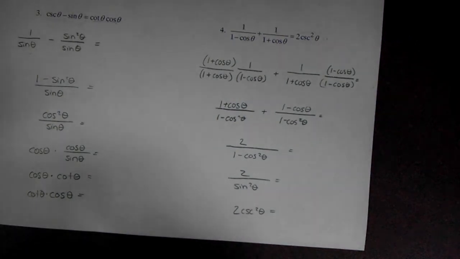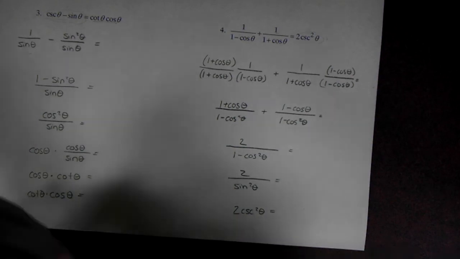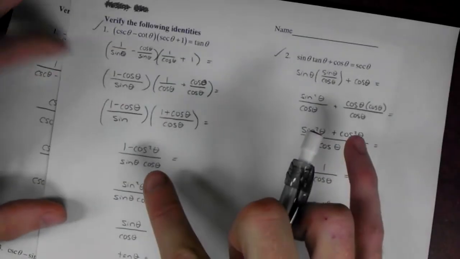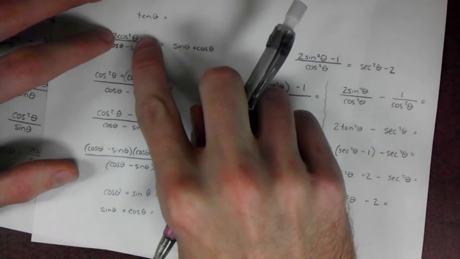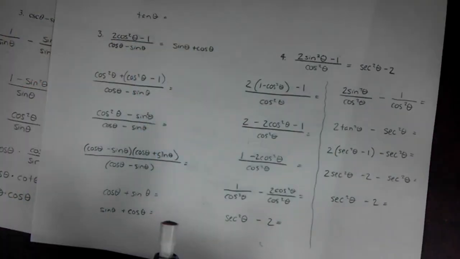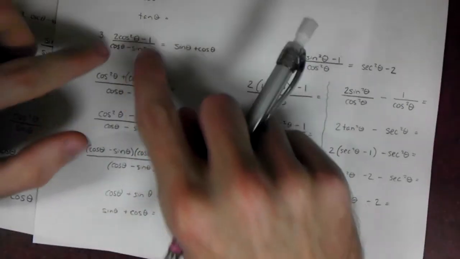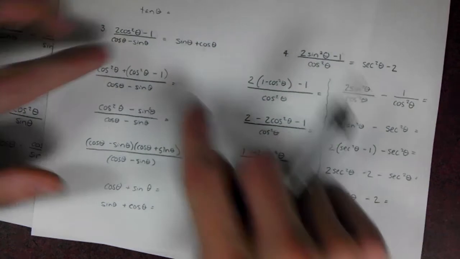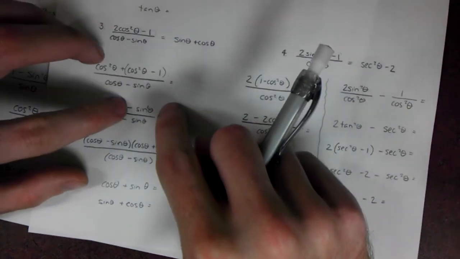Alright, so there's a couple of tricks you can use to help you solve identities problems. Just as review, we talked about changing things to sine and cosine like we did in the first two problems. We talked about looking for identities that you know, like changing cosine squared into 1 minus sine squared, or in this case, we changed 2 cosine squared into cosine plus cosine, and then used cosine squared minus 1 to change.